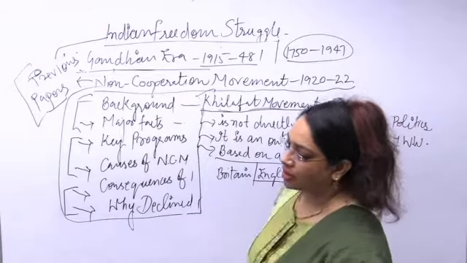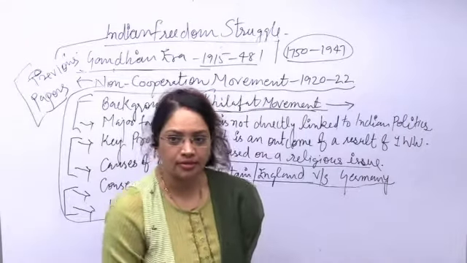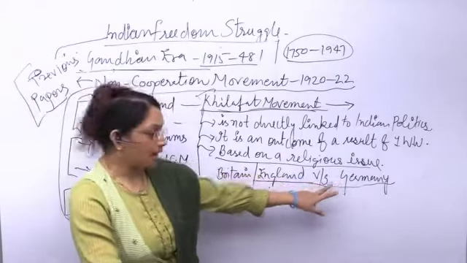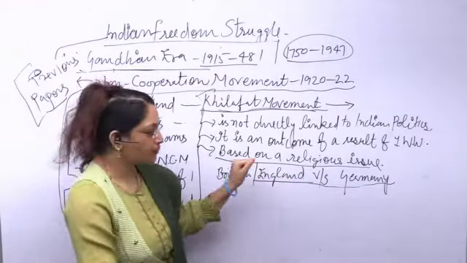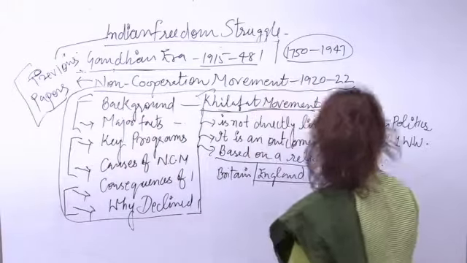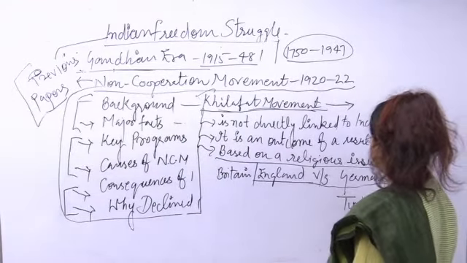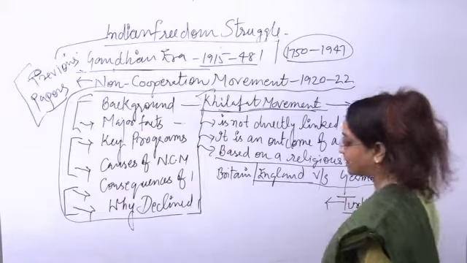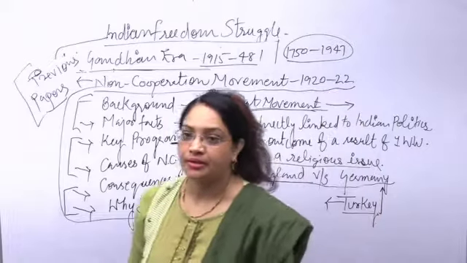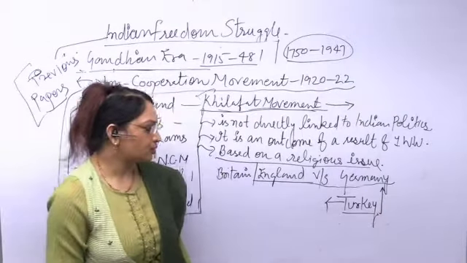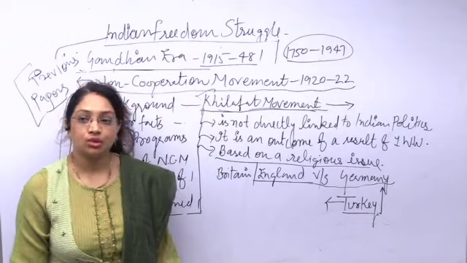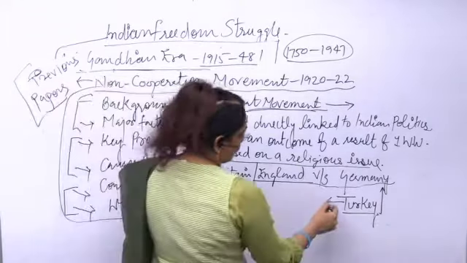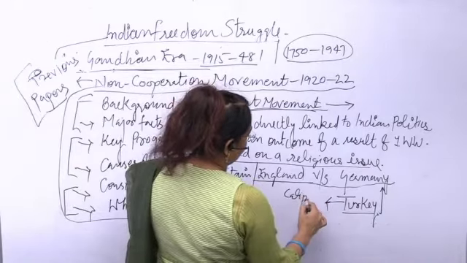In this First World War, Turkey supported Germany against England. So Germany was supported by Turkey. And Turkey was an Islamic country, and the Sultan of Turkey was the Khalifa. We can say Caliph, Khalifa.